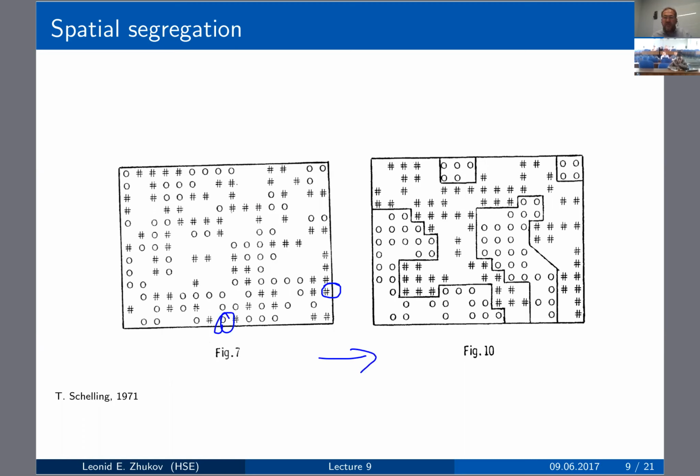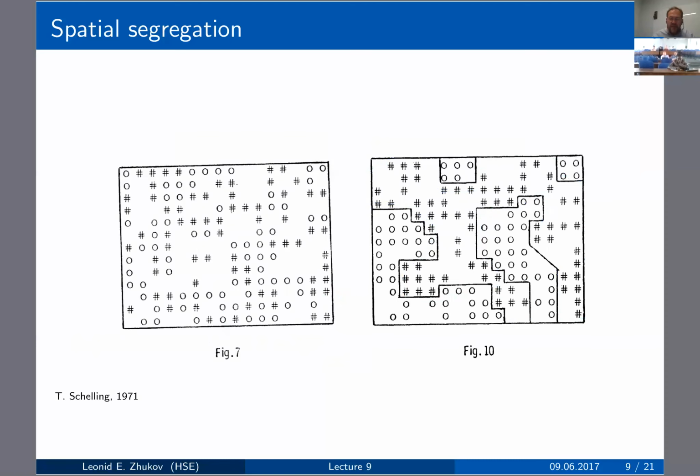it actually converges to a situation where you get big islands of people of the same type living next to each other, right? And so that was his finding, and he actually did this simulation by hand.